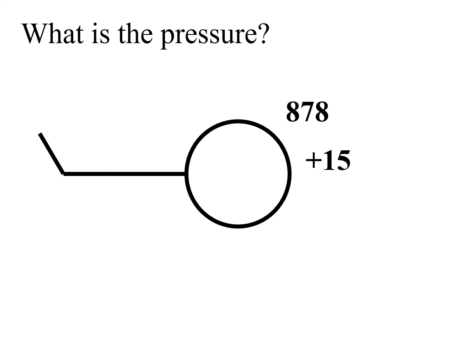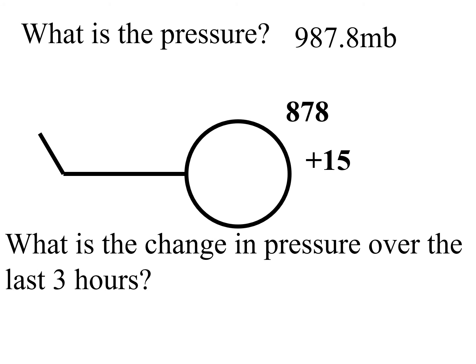Clearly, the 987.8 millibars is closer to 1,000. 1,087 millibars, that really never gets that high on Earth. So we're talking 987.8 millibars. And what has been the change in air pressure over the last 3 hours? Well, it's increased 1.5 millibars.